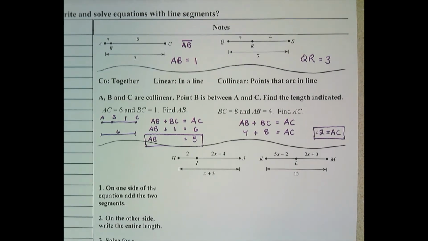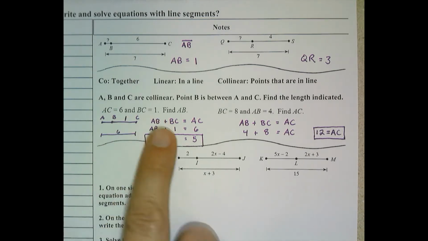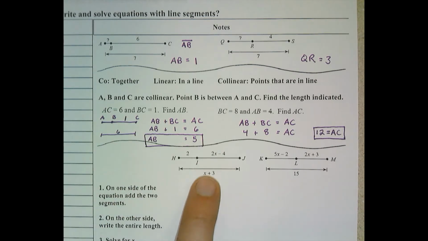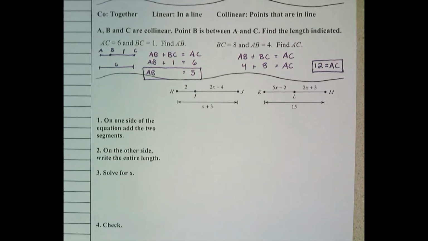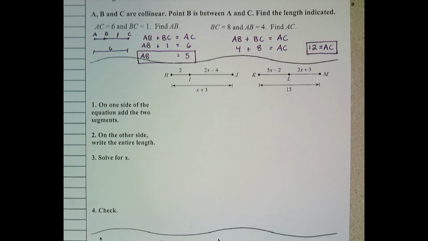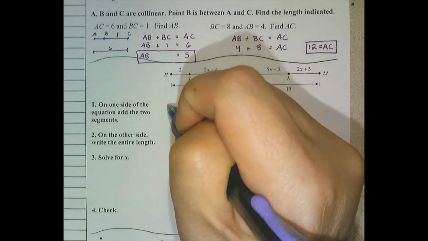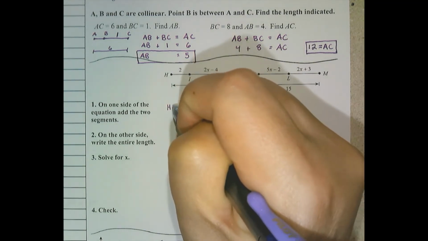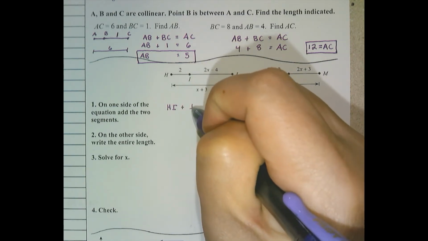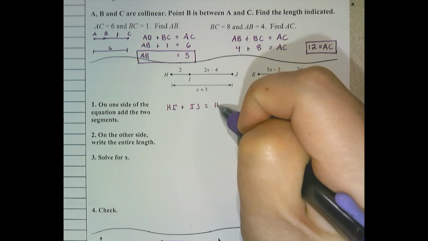Now we're going to move forward with this. Rather than just using simple numbers, we're going to move into the arena of having variables and applying some algebra into this. All right, according to the segment addition postulate, I can write that segment HI plus segment IJ is equal in length to segment HJ.